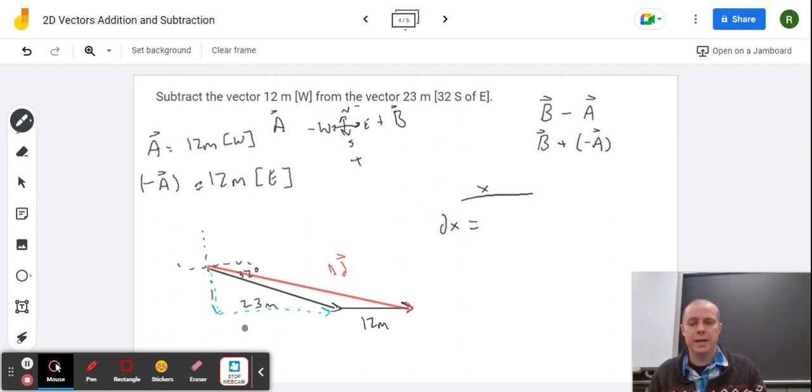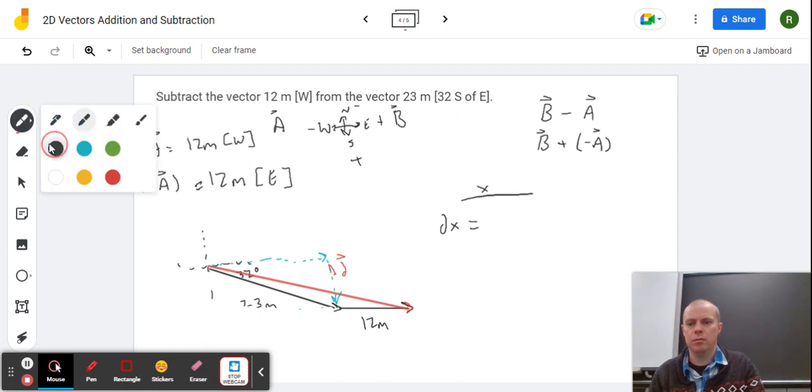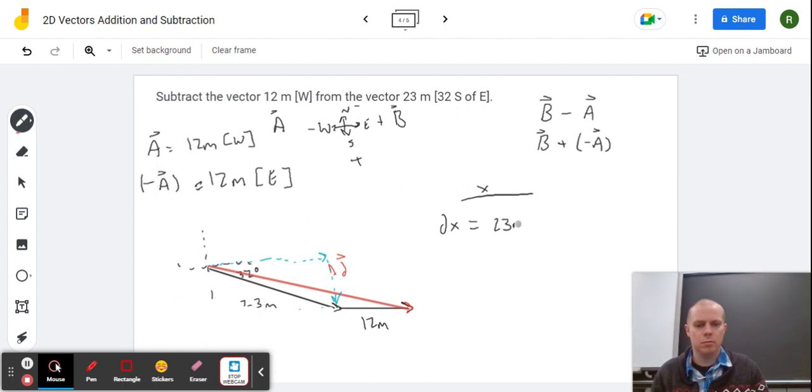So now I'm going to add these two vectors together. So I need the x component of my vector here. It was drawn from the horizontal. My angle's from the horizontal, so I actually should have drawn the picture in like this. Okay, so I'm just going to do a quick little edit here. So we've got 23 meters, and the x is adjacent to 32.